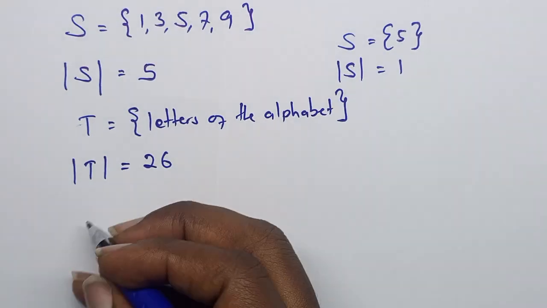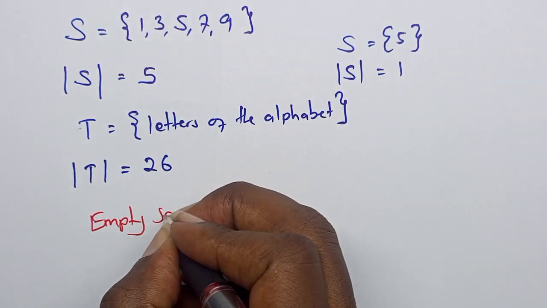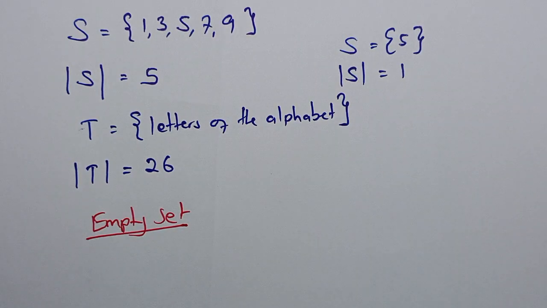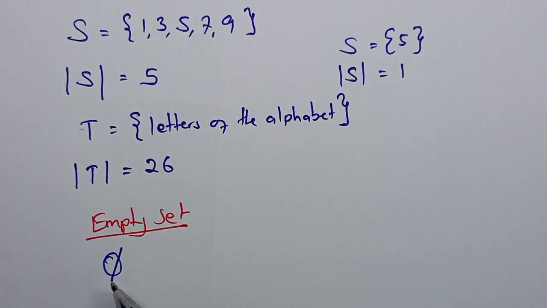Now we have what we call an empty set. An empty set is represented by this symbol here. This means that that set has no elements at all. So nothing in the whole universe is an element of this empty set.